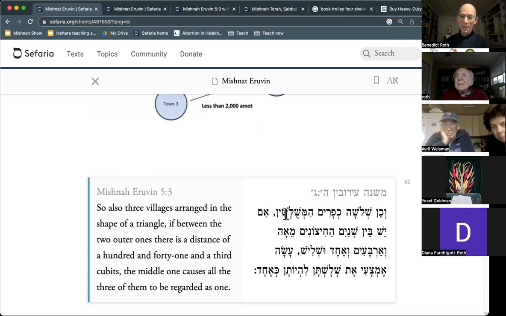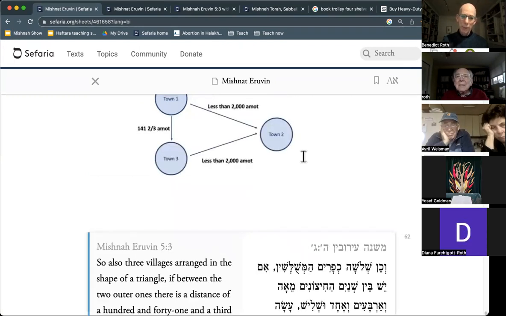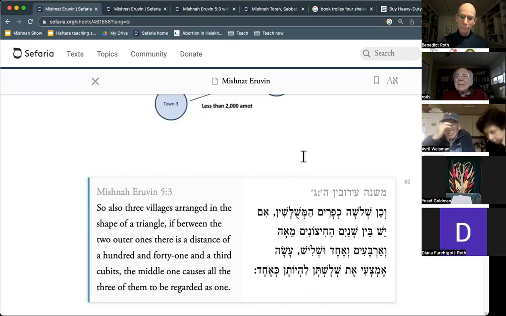So let's carry on with the Mishnah. So we've got 3 villages in a triangle. If between the two outer ones there's less than 141 2/3 cubits, asa emtsa'i et shloshtan liyot ke'echad, the middle one causes all 3 of them to be regarded as one.